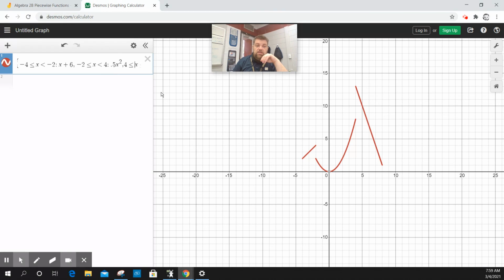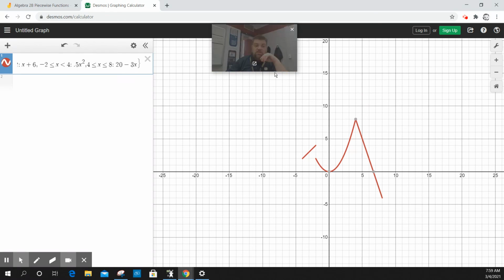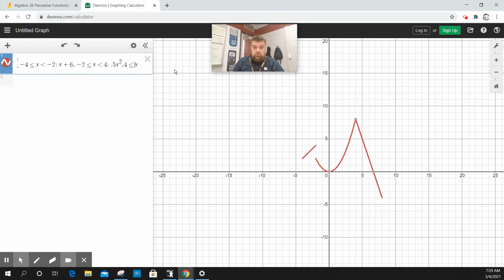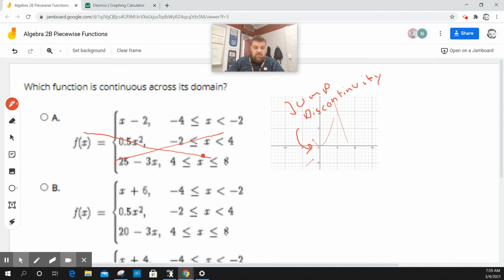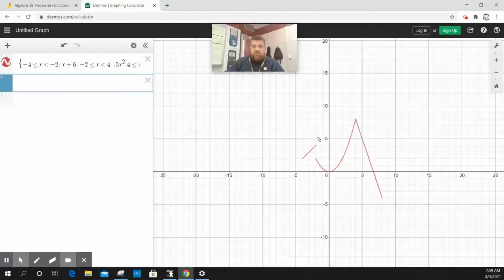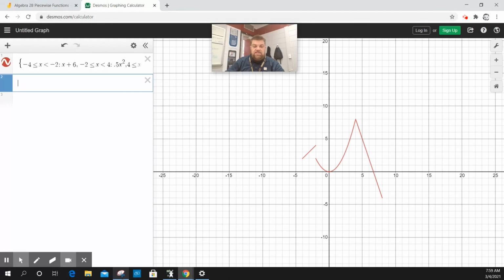So over here, instead of 25, I'm going to put 20 minus 3x. Oh, shoot. It's not B either, because, again, we have this jump discontinuity.